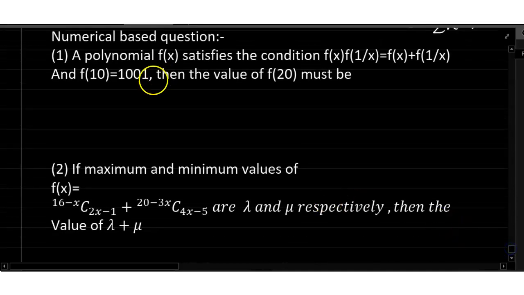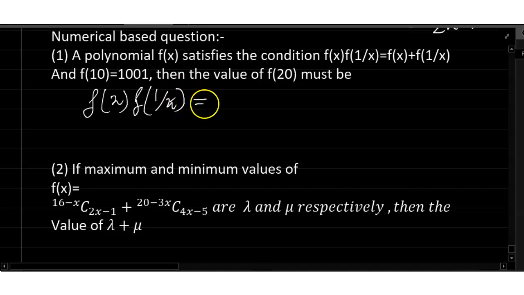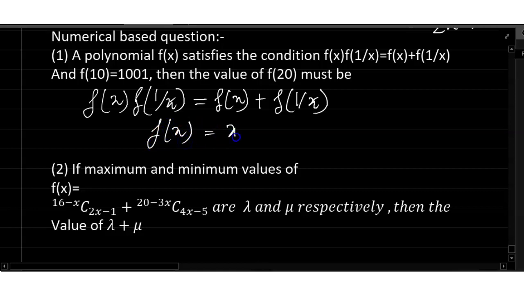Next is a numerical based question. When the problem is f(x) times f(1/x) equals f(x) plus f(1/x), then the possibility of f(x) is x to the power n plus 1.